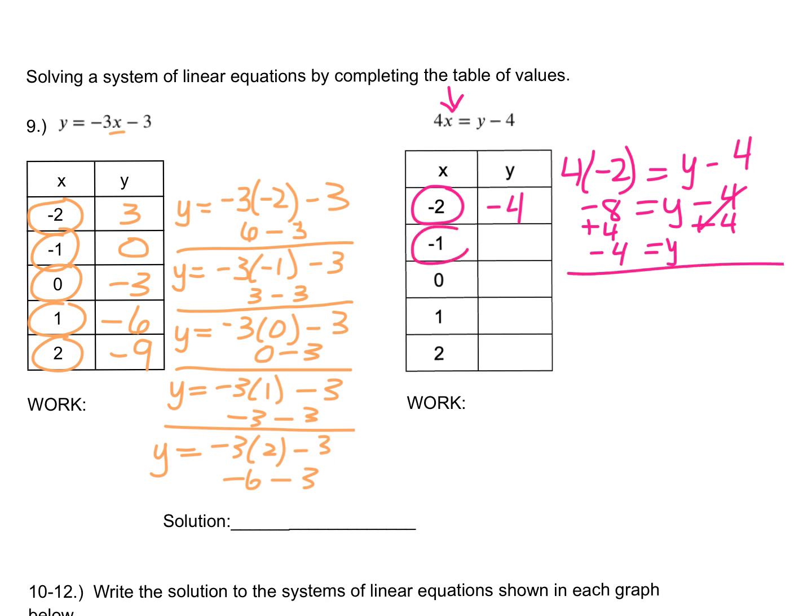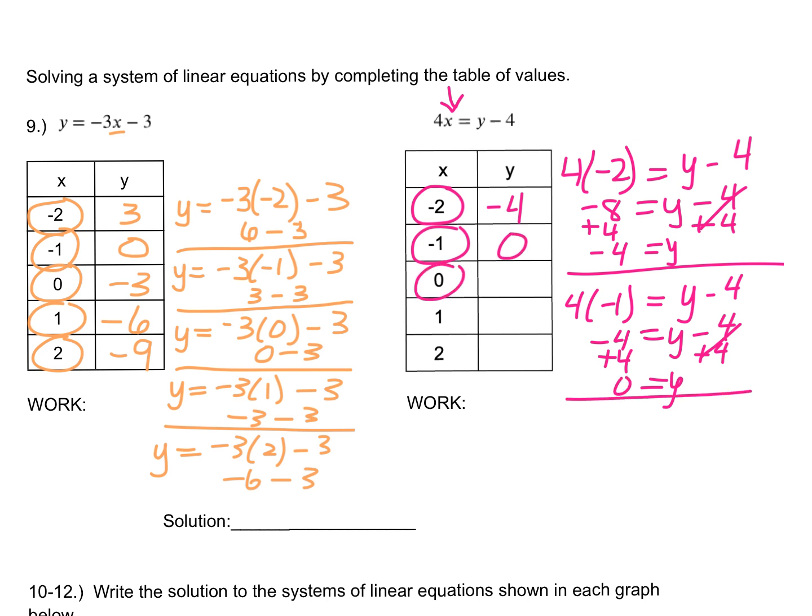Okay, now we're going to sub in -1. So 4 times -1 equals y minus 4. 4 times -1 is -4. And now I need to get y by itself. I'm going to add 4 to both sides. And that gets me 0, because -4 plus 4 is 0.